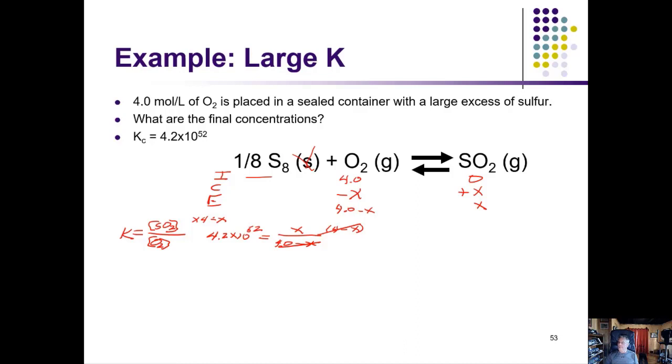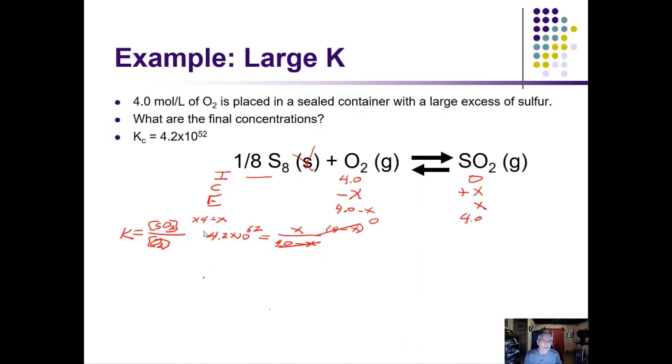And when I do that, I get over here 4 times 4.2, that's going to be 1.68 times 10 to the 53, and that will be minus 4.2 times 10 to the 52x equals X. Now let's combine our terms, and we're going to combine our terms by adding 4.2 times 10 to the 52x to both sides.